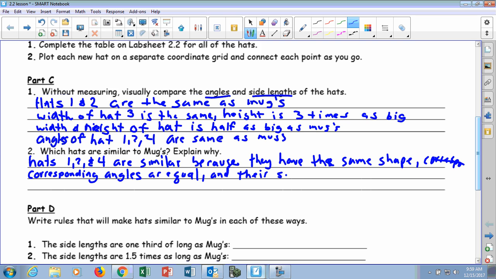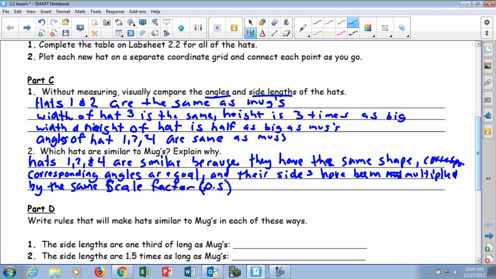And their sides, and this is basically for hat 4, have been multiplied by the same scale factor, which was 0.5. Right? Hat number 5, they didn't use the same scale factor. We used 2 and 3. And hat 3, we shifted it and then we stretched it. So that's where it kind of got screwed up.